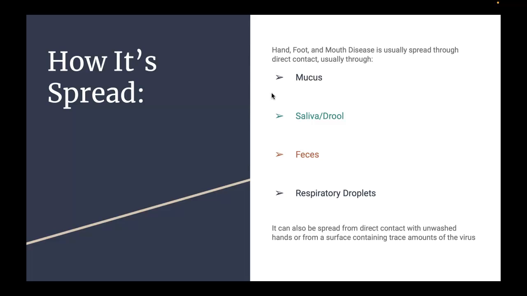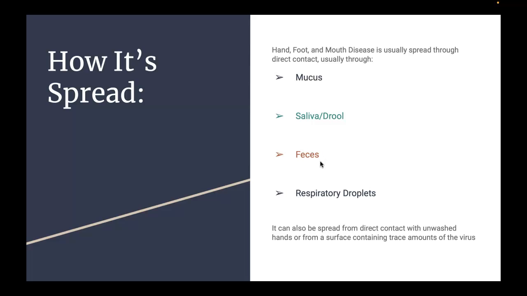How is it spread? It is spread through direct contact, usually through mucus, saliva and drool, feces, and respiratory droplets. It is a very common thing to happen in daycare settings because little kids are gross. They are slinging this stuff all over, and that's nasty.